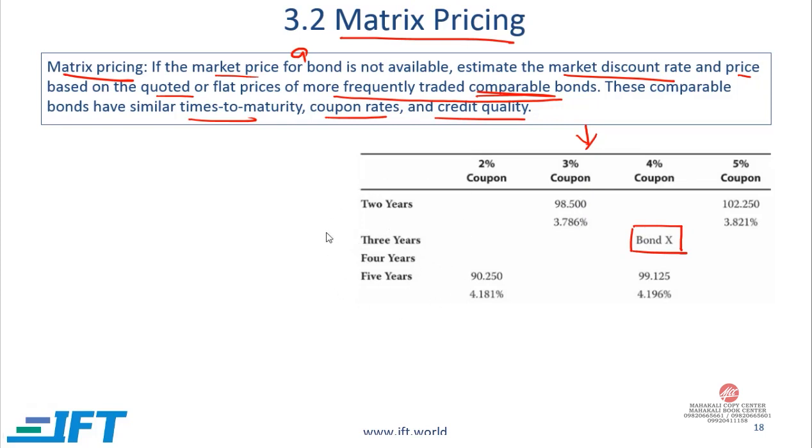We have a logical 5-step process to come up with the price and then the YTM. The first thing that you need to do is come up with the YTMs based on the price, and that is already given.